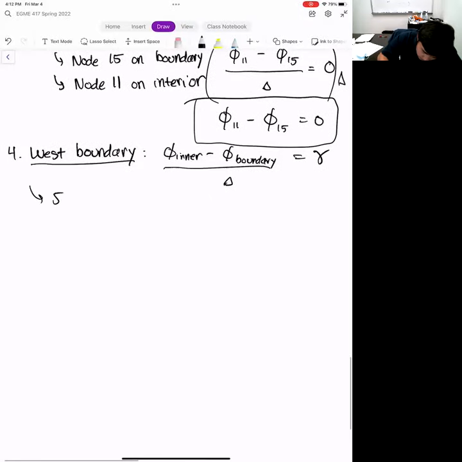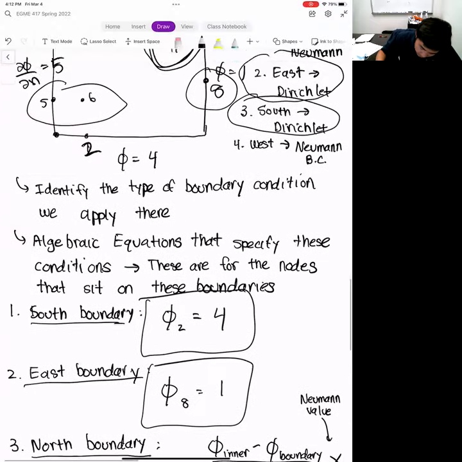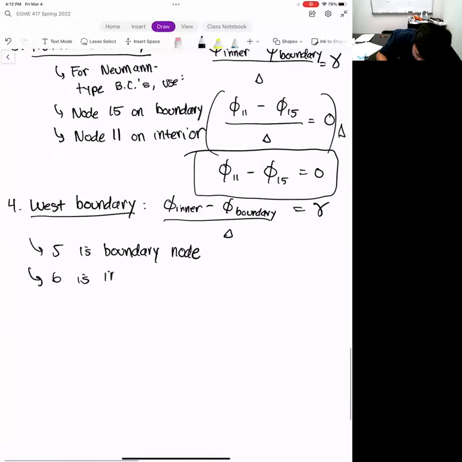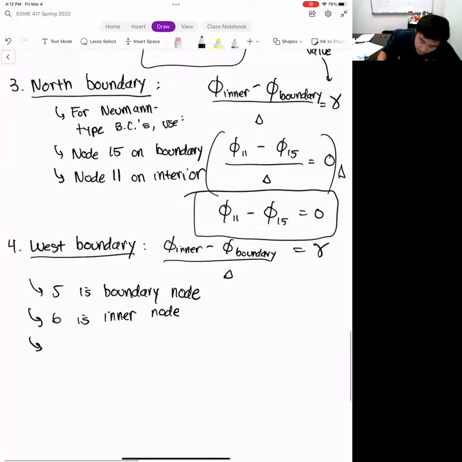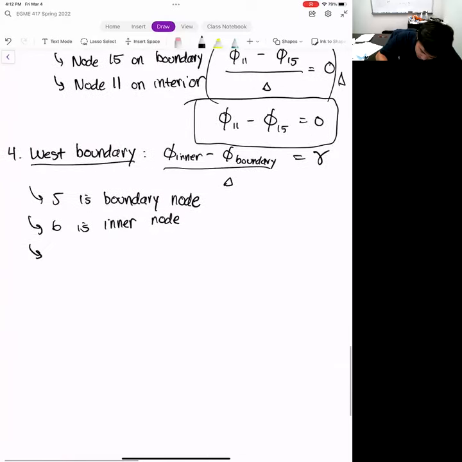So 5 is the boundary node. Its inner neighbor here is going to be the one immediately to the right of it. So that's going to be phi 6. Yeah, 5 and 6. And for this boundary in particular, we can see that the Neumann value is 5.